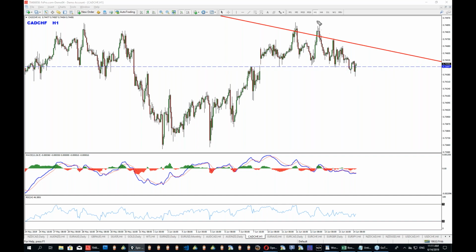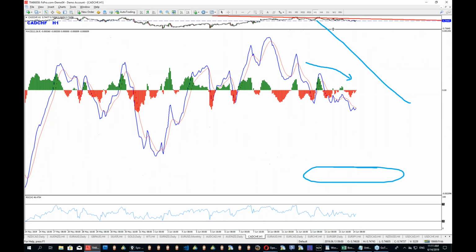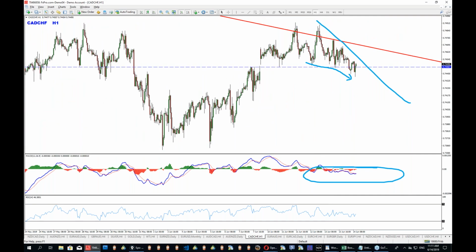So clearly it's trying to create that bearish momentum. There are no divergences forming here yet. The only way for us to find divergence would be on the MAs, but I don't see a clear move to rely on.